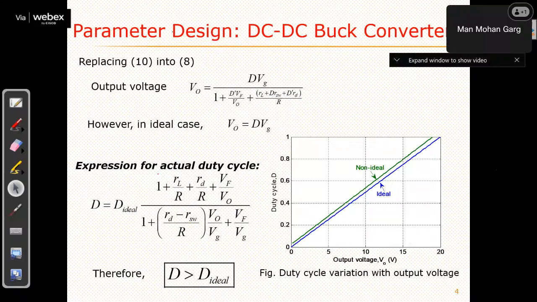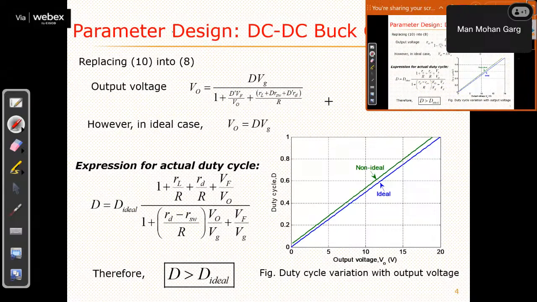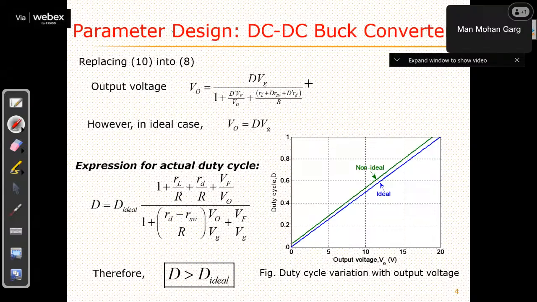Next, if we put that in and simplify it, our output voltage comes out like this. Previously we saw that the output voltage of the DC to DC buck converter is given by V naught equals D into Vg. Here there is a voltage drop, RL being the ESR and the switch and diode resistance.